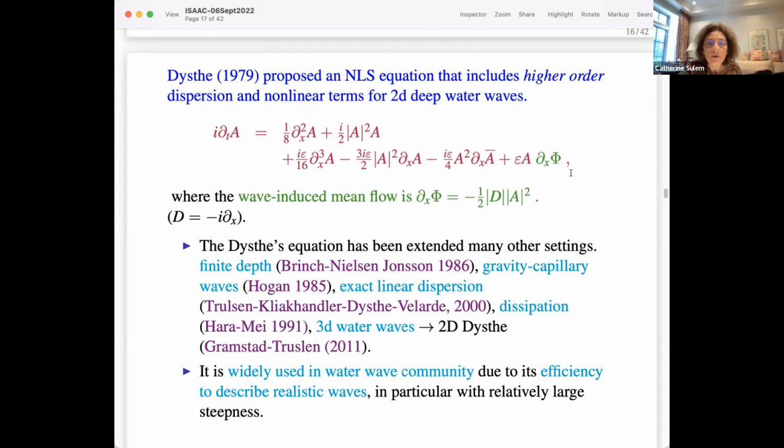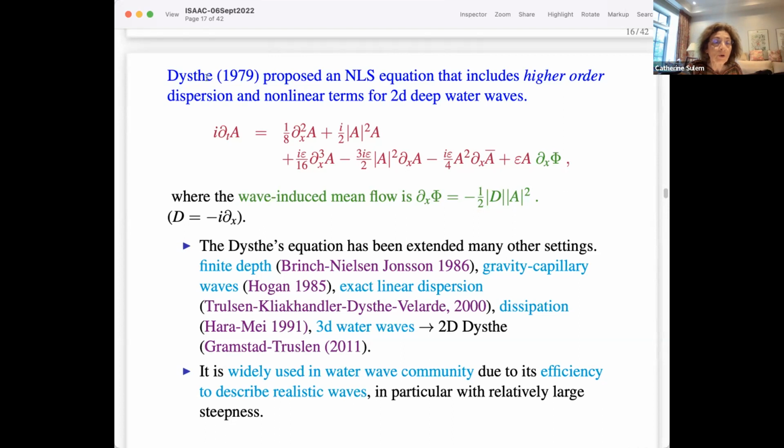This last term, the function phi here, is defined by its derivative with respect to x, which involves the operator absolute value of k. So that's a non-local operator.